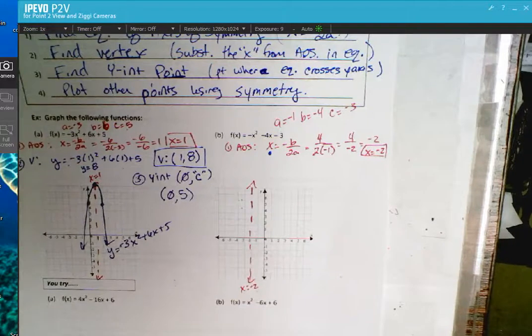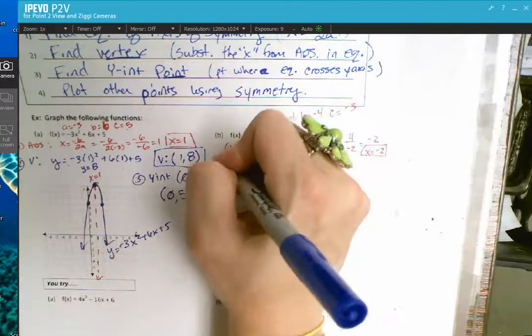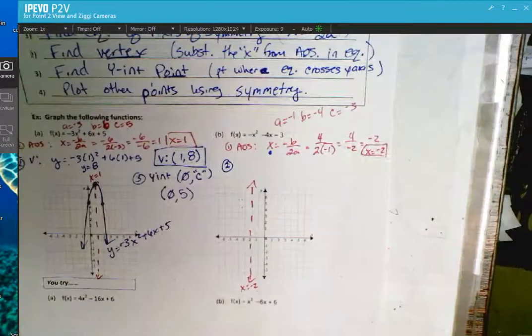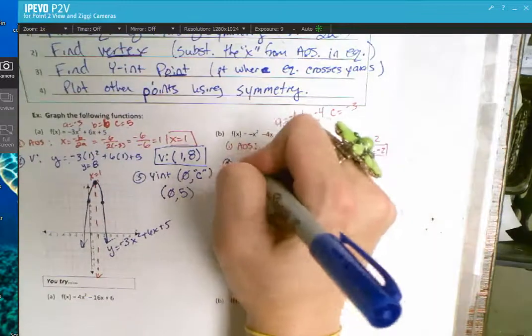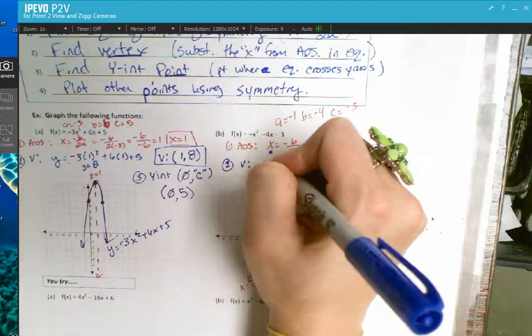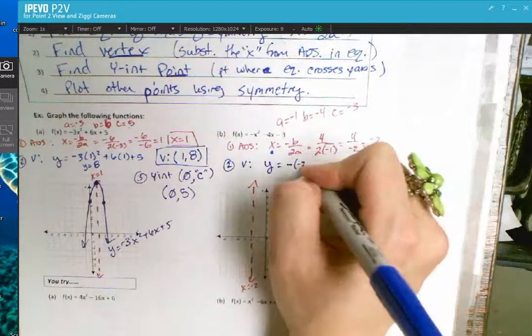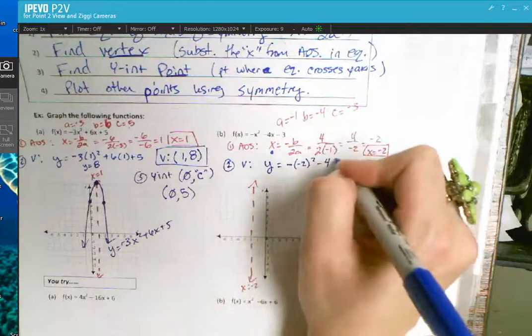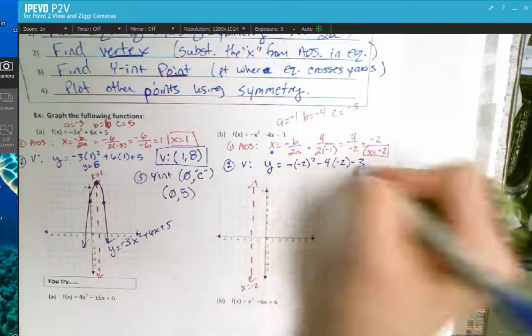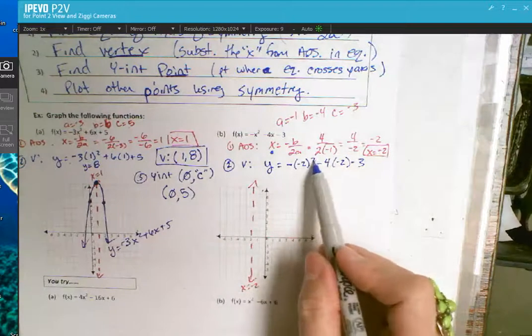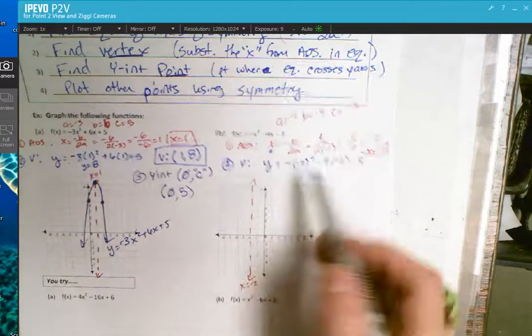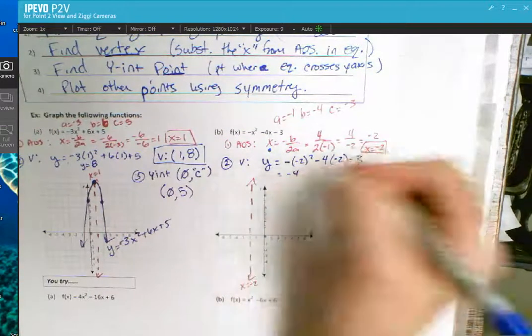Second step is to find the vertex. So what is the minimum or maximum point on that axis of symmetry where my parabola is going to be? The vertex is finding the y. Y equals negative, I'm going to substitute in negative 2 squared, minus 4 times negative 2, minus 3. Negative 2 times negative 2 is a positive 4, but the negative comes with it, so I get negative 4.